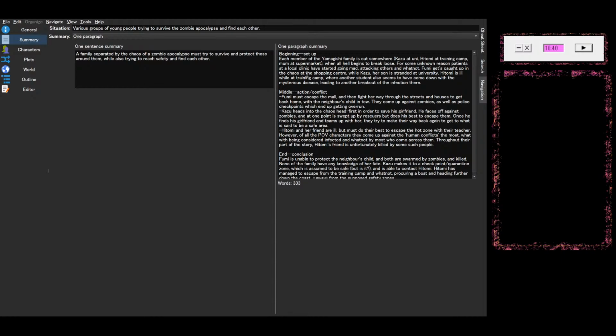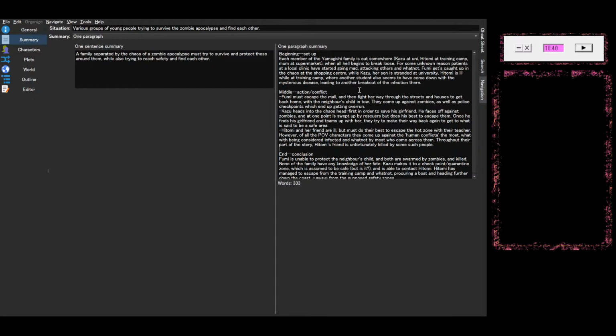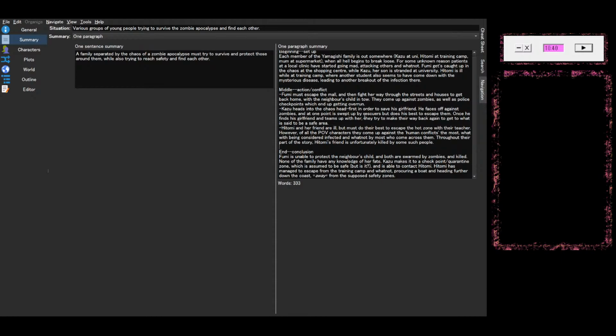This works similarly to the snowflake method, but we're not going to go quite as far. I find it's just a bit too in-depth for me. Going just one more step past this seems to be the sweet spot, personally.